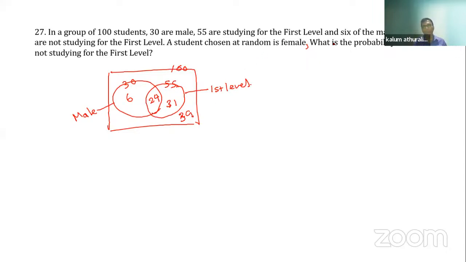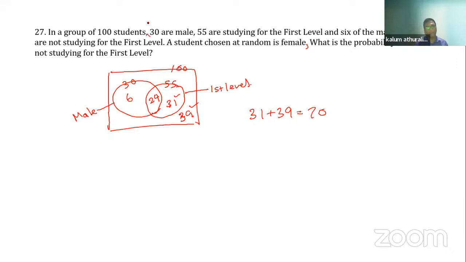Right, what is the probability? A student chosen at random is female. What is the probability that she, the female student, is not studying for the first level? How many female students? This one is also female, this one is also female. The total number of females, 31 plus 39, is 70.